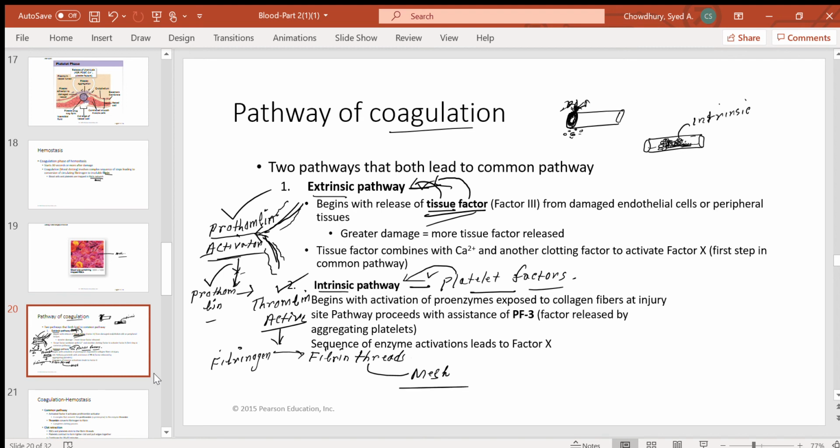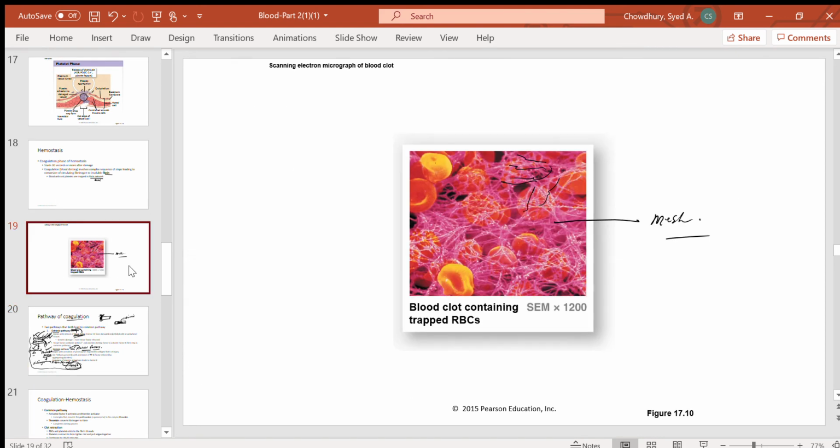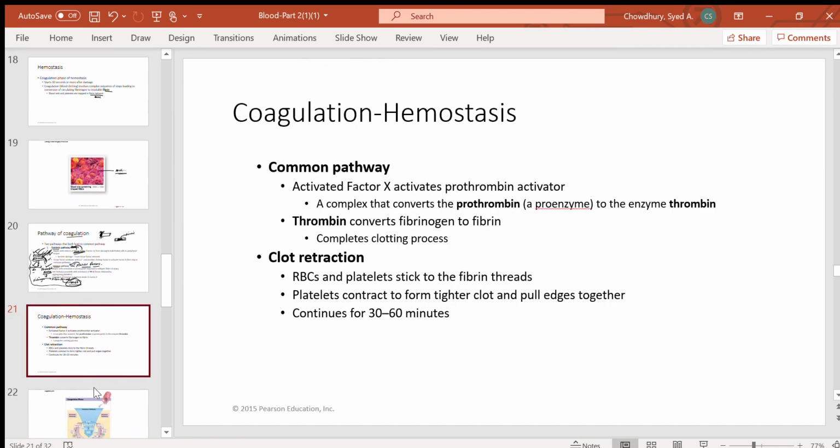So that is coagulation, right? So prothrombin activator will be produced by both extrinsic and intrinsic pathways, although the pathways are different. Then this part is the same for both, right? So finally we'll get the fibrin mesh, this mesh.